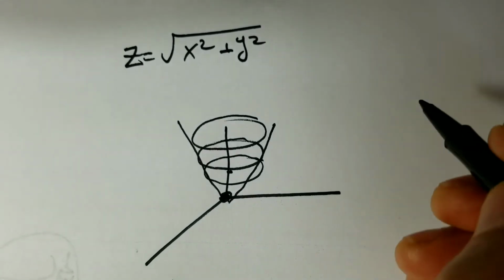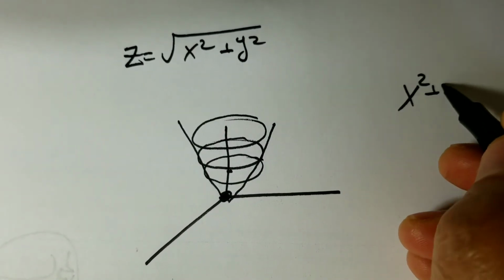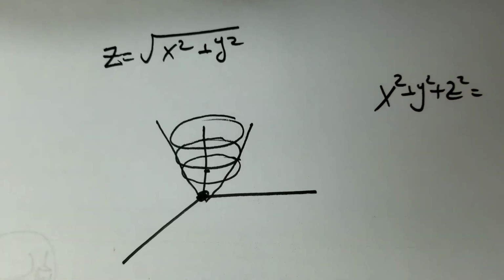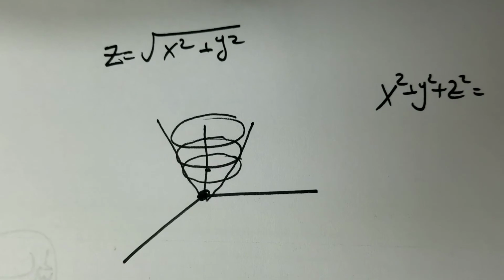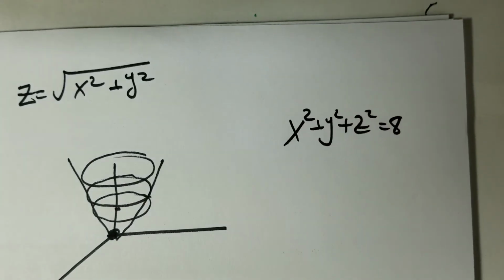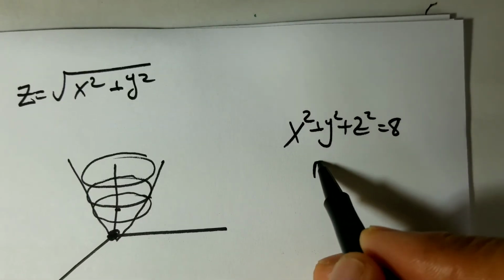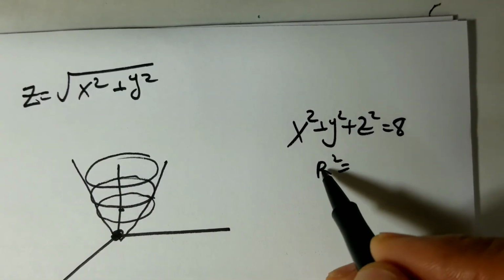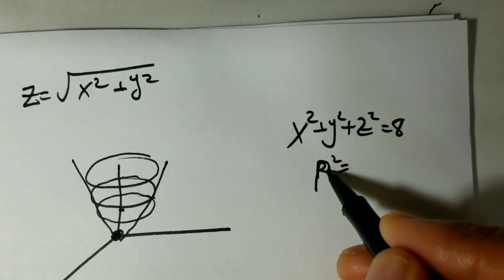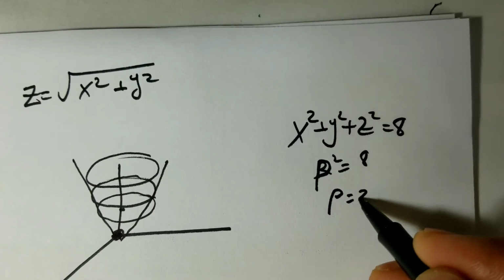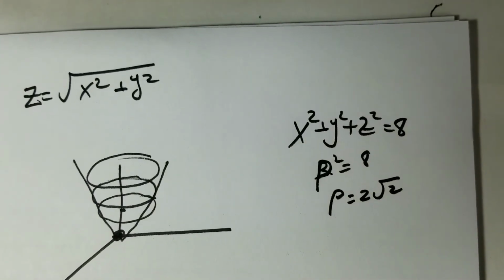I'm going to give you something else, and I'm going to say x squared plus y squared plus z squared equal to, let me think what I'm going to put, let me put 8. Therefore, your r squared, here I really shouldn't call it r because r is for the circle. I'm going to call it rho. Rho squared is 8, and your rho is 2 square root of 2.